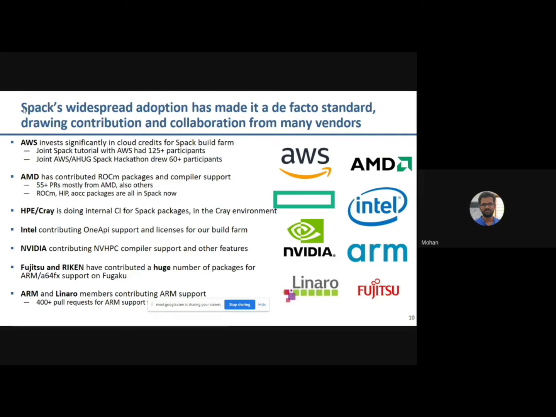HPE or Cray is using internal Spack packages for internal continuous integration. Similarly, AMD is also using something like that, just to make sure that nothing breaks when a new version of a compiler or library releases, as internal validation. Intel is also contributing oneAPI support for all the licenses.